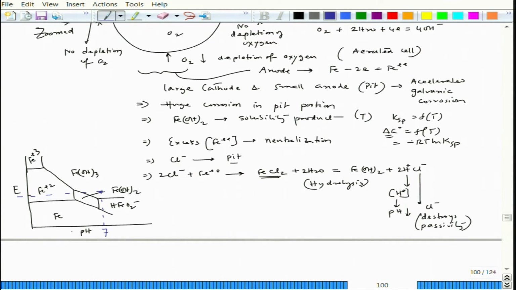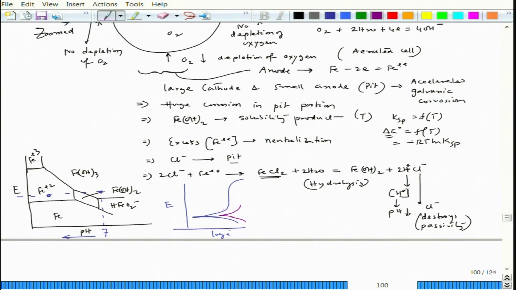Now, if the pH drops because of the increase in hydrogen ion concentration, and it comes here, that means it ends up in the corrosion zone. So, that enhances corrosion. For the breakdown potential due to chloride presence, in an E versus log I plot, if it is self-passivating, the curve will move like this.